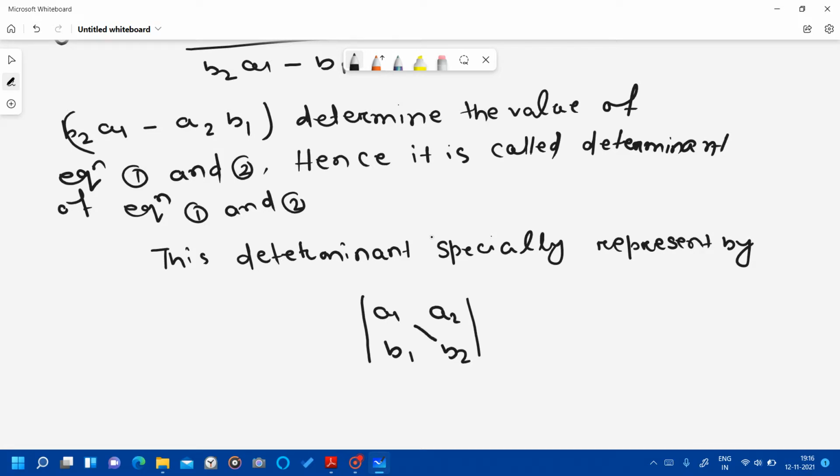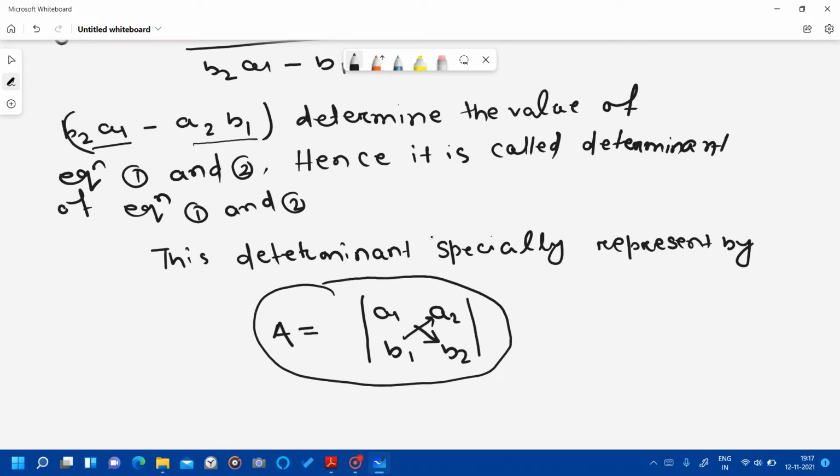Now multiply a1 with b2, minus b1 with a2. If we name this determinant as a variable, I choose A. This is called the determinant of equations 1 and 2, and its order is 2 cross 2.